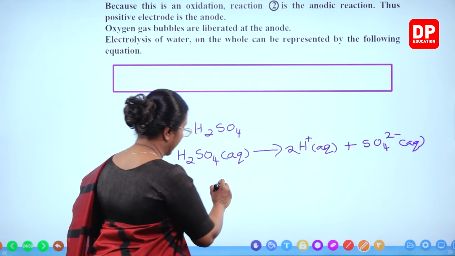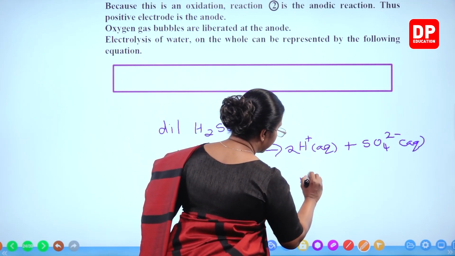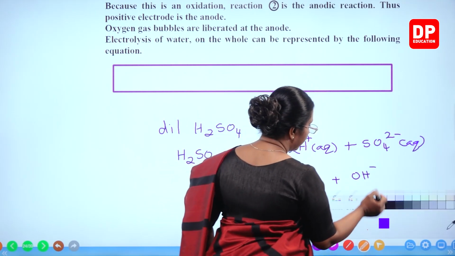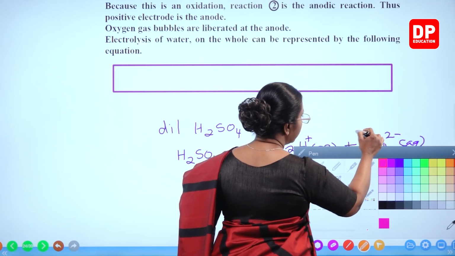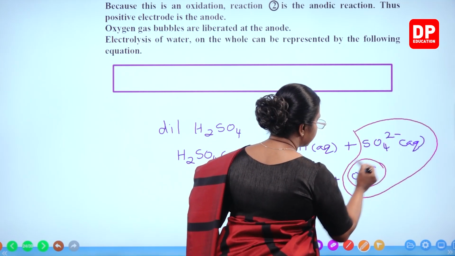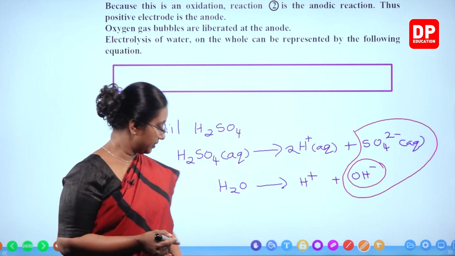You can remember that H2O gives rise to H plus and OH minus. So, when we have these two, OH minus will get oxidized. Normally, sulfate does not get oxidized.